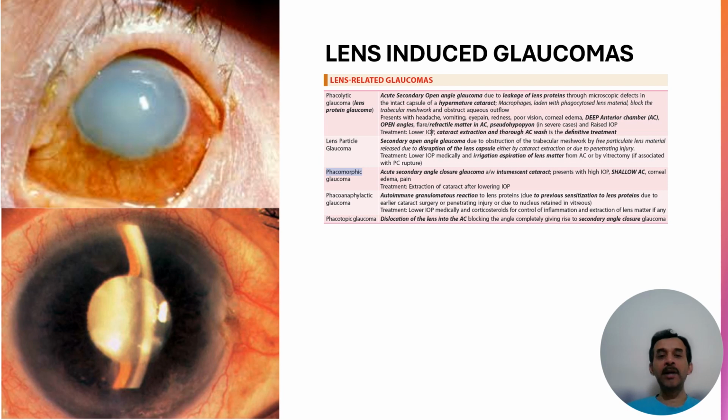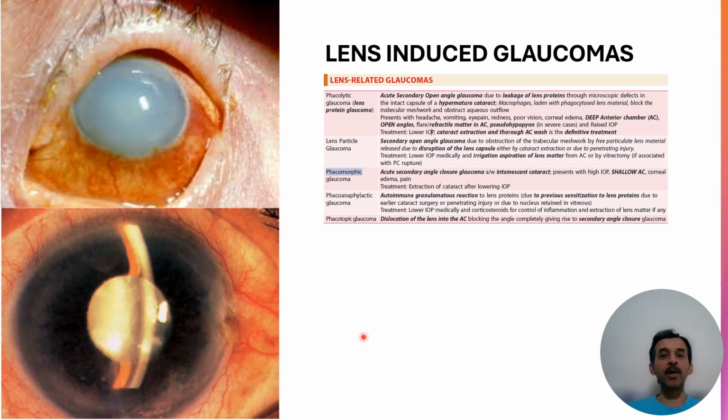So, in phacolytic glaucoma, the anterior chamber is very deep. Because the lens proteins have leaked out, you see a lot of flare or refractile matter in the anterior chamber. Like you see in the top image over here, the anterior chamber is appearing almost white because the lens proteins have got collected over there, liquefied lens matter you could say.